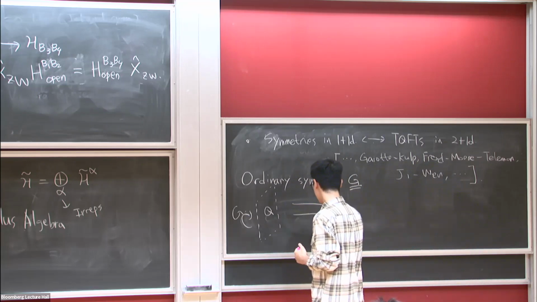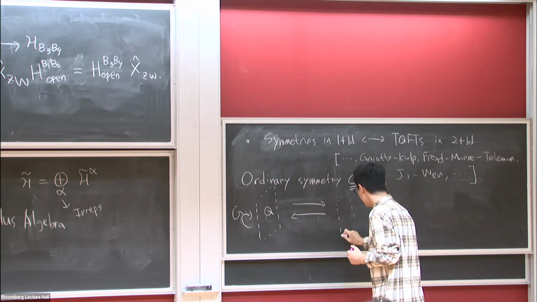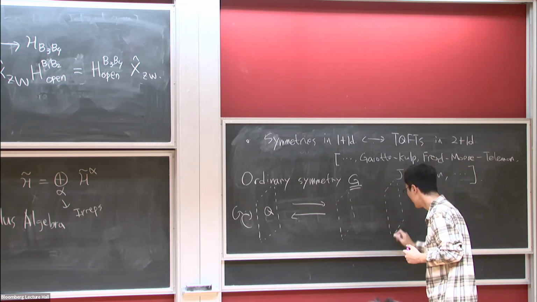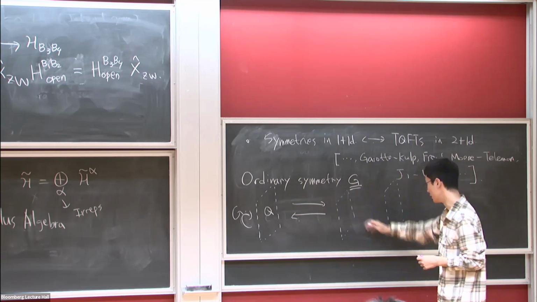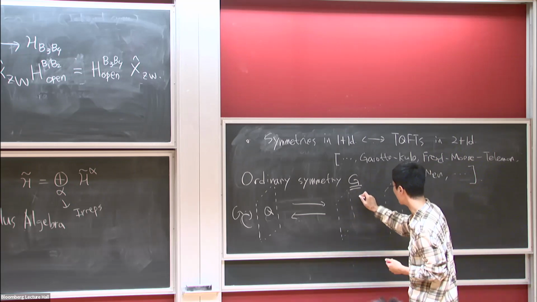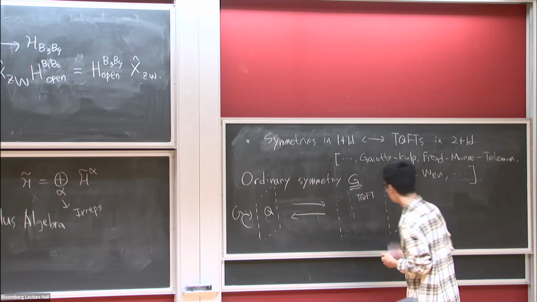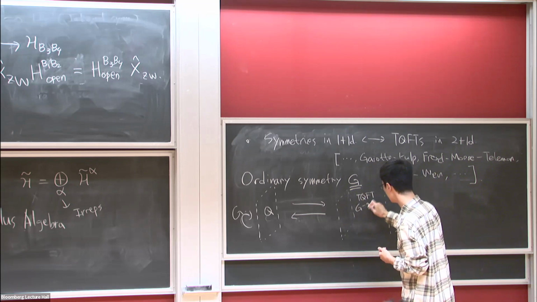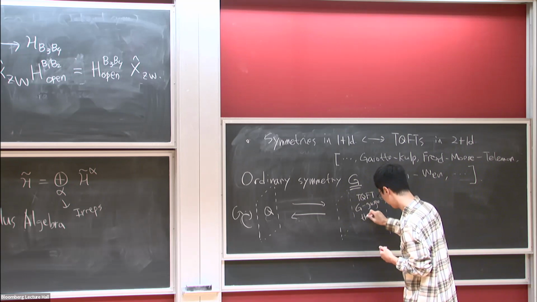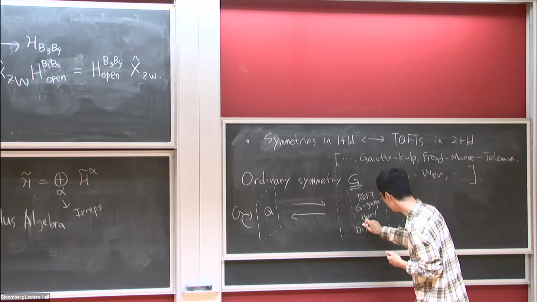Now you can realize this theory by considering the following 2+1D configuration. I have a 2+1D TQFT on an interval, so this is the interval direction. And inside the bulk, I have a TQFT. This is just the G gauge theory. This is a pure gauge theory where the gauge group is G. In other words, I have the Dijkgraaf-Witten theory here.